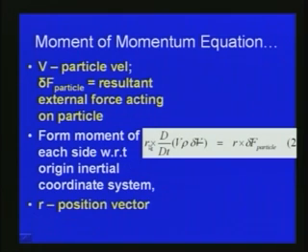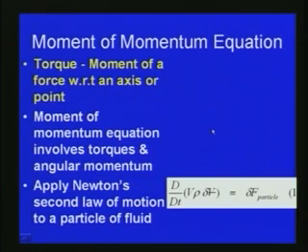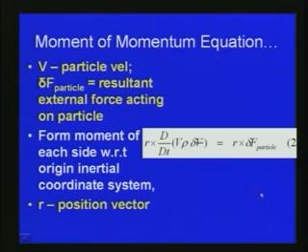If we consider the earlier equation, d/dt of (v rho del v) equal to del f of the particle, the force on that particle, and form the moment of each side with respect to the original inertial coordinate system, we can write r cross d/dt of (v rho del v) equal to r cross del f of the particle, that means the force on the particle. This is equation number 2, where r is the position vector which we consider.